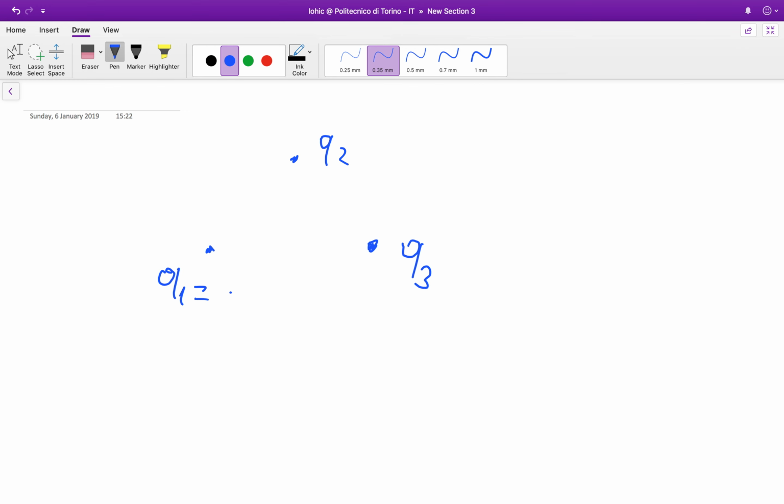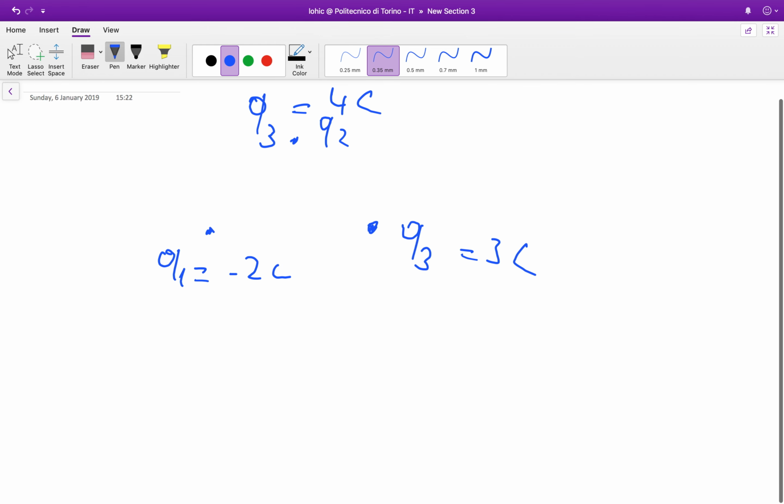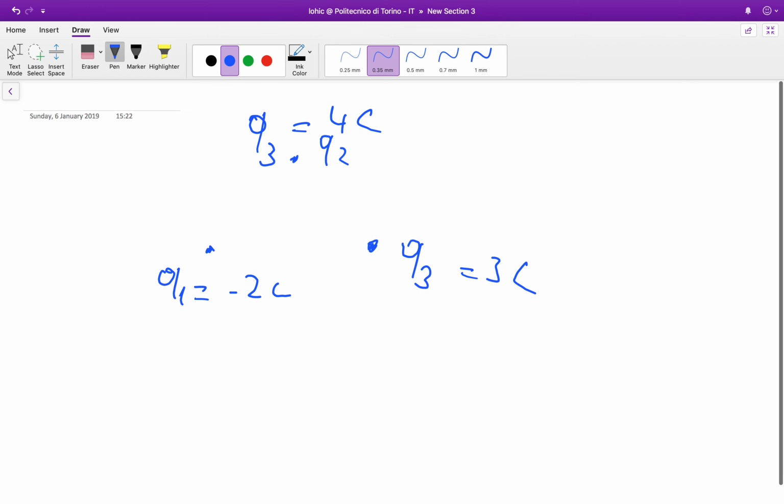Let's say that Q1 is minus 2 coulombs, Q2 is equal to 3 coulombs, and Q3 is equal to, let's say, 4 coulombs. The three charges are on the vertices of a triangle.